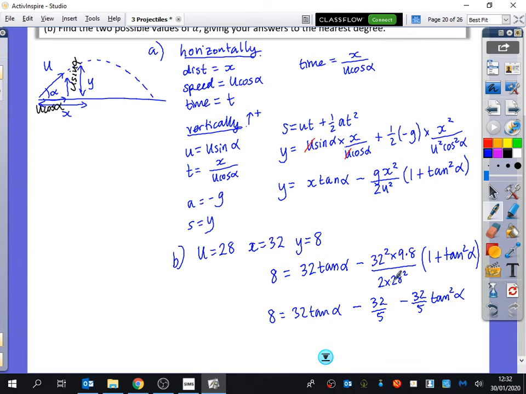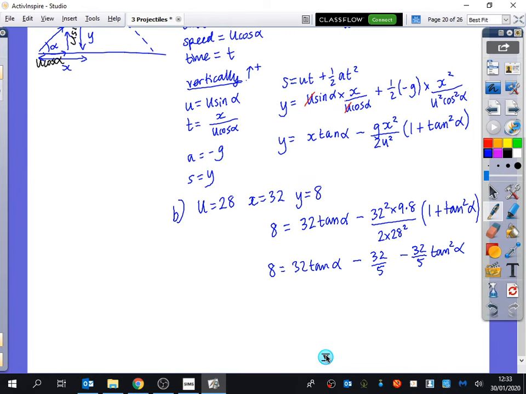So all I did, that's 32 over 5, I expanded it by multiplying it by 1, and I expanded it by multiplying by tan squared alpha that I've got here. Probably you can spot that there's some common factors here. Minus 72 over 5. So let's just make it a quadratic. Let's save a bit of time. So we've got minus 32 over 5 tan squared alpha plus 32 tan alpha minus 72 over 5.